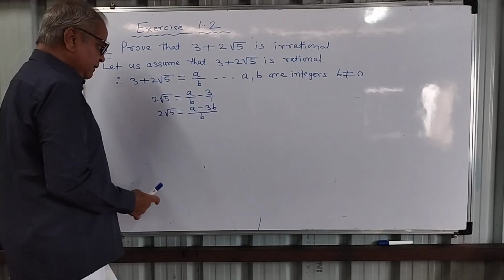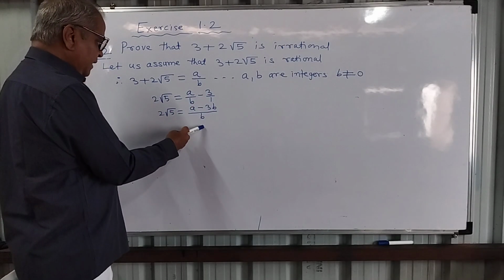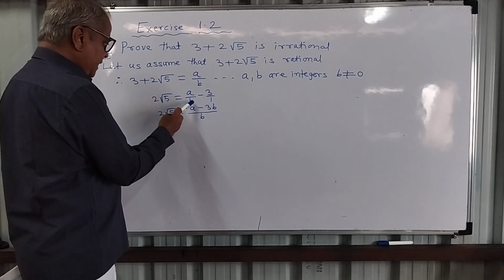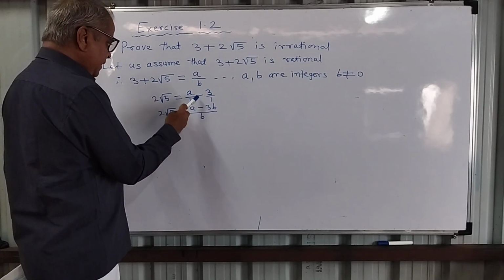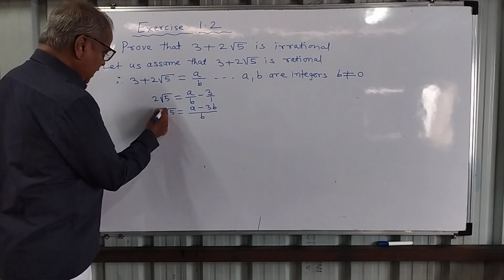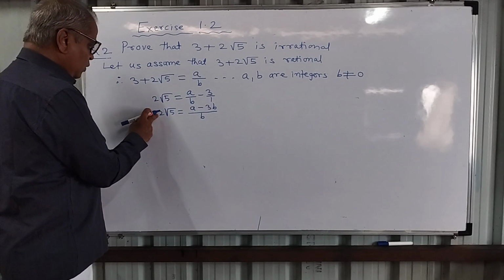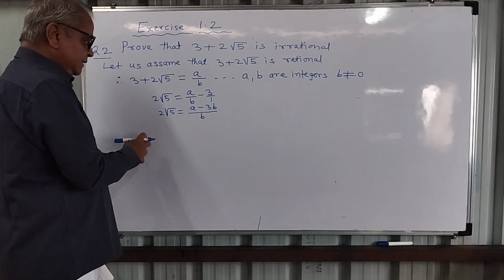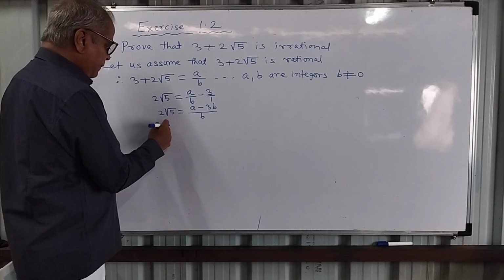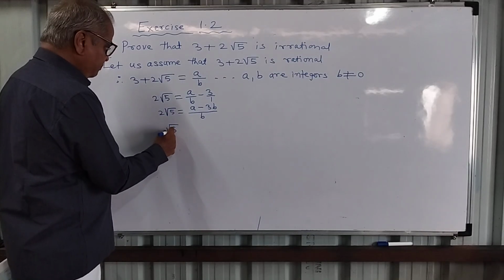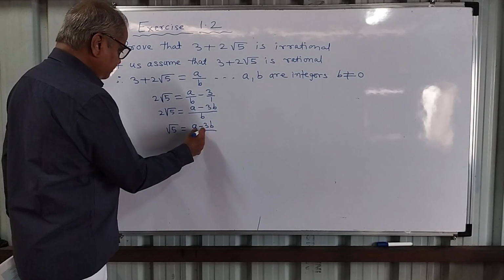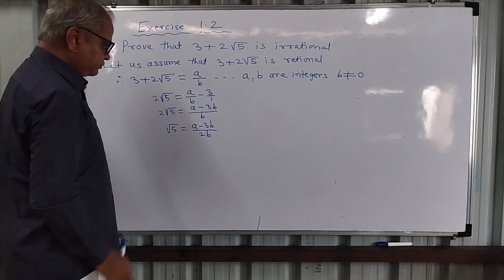This is called cross multiplication. 1 into a is a, b into 3 is 3b, with a minus sign. Now I want only root 5, I don't want 2 also on the LHS. So now transfer this to there. So root 5 is equal to a minus 3b upon 2b.